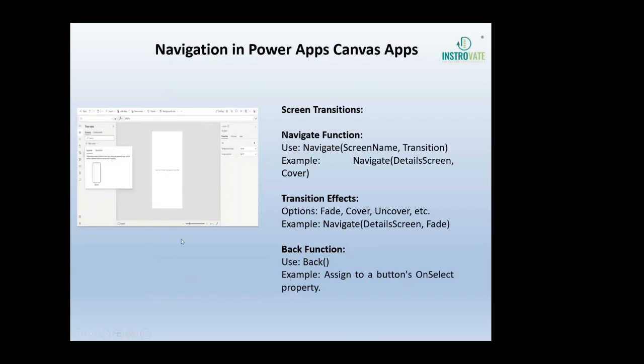This is the kind of UI you will get in the creation or editing window of a Canvas application. Here you can see the insert option, add data option, new screen option, theme, background, solution checker, a preview button, publish and save.